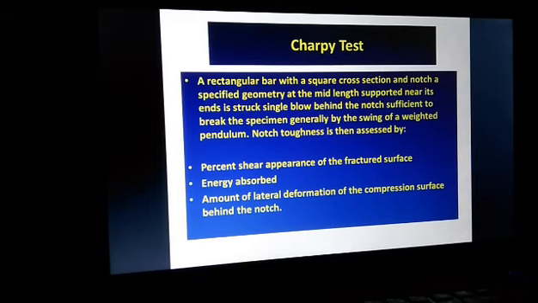Notch toughness is then assessed by percent shear appearance of the fracture surface, energy absorbed, and amount of lateral deformation of the compression surface behind the notch.